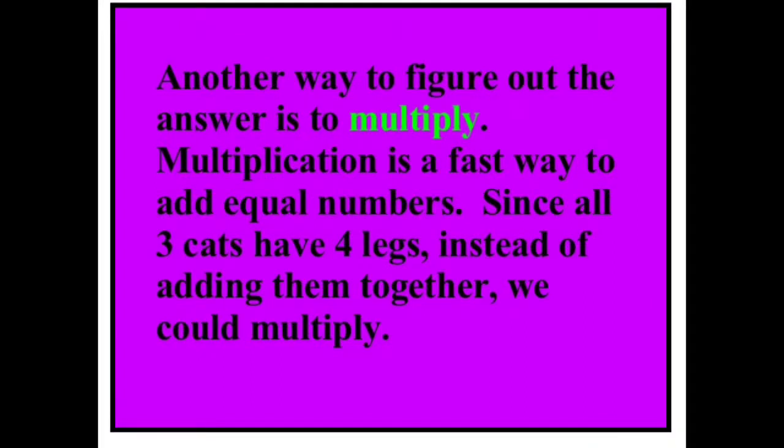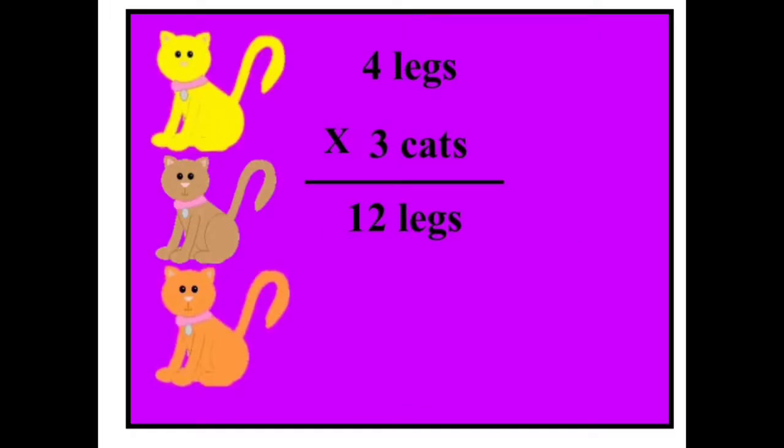Second way. Another way to figure out the answer is to multiply. Multiplication is a fast way to add equal numbers. Since all the 3 cats have 4 legs, instead of adding them together, we could multiply. How? See, 4 multiplied by 3 is equal to 12 legs.